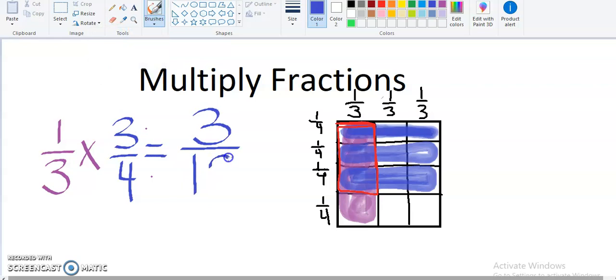I'm going to write 12. So 1/3 times 3/4 equals 3/12.